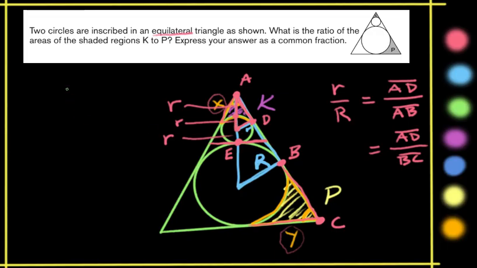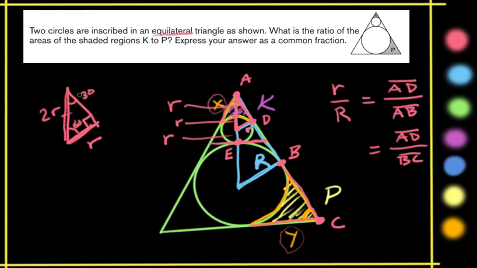This is my 90-degree angle, this is my 60-degree angle, this is my 30-degree angle. This distance here, which we knew was r, is going to be half of this distance. So this has to be 2r. And we already covered one r to get to the top of the circle, right?